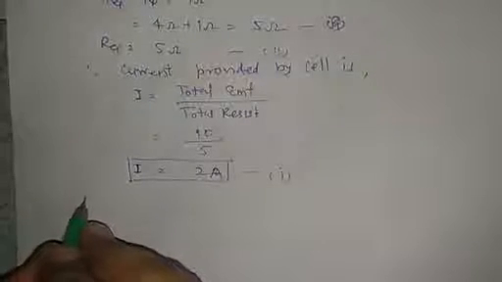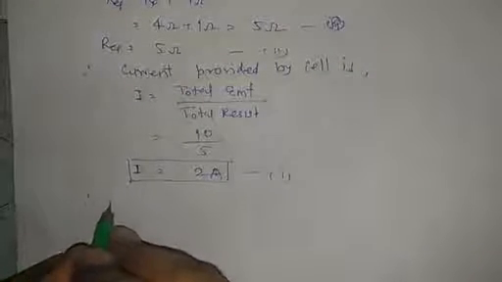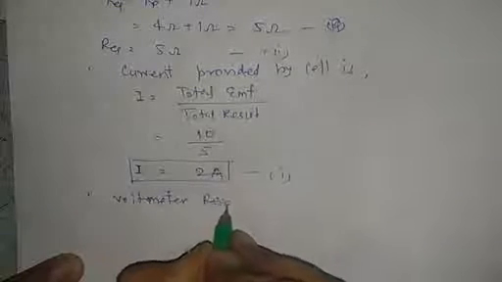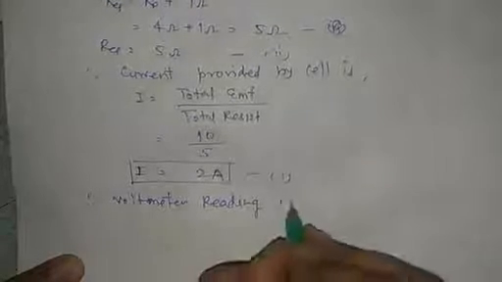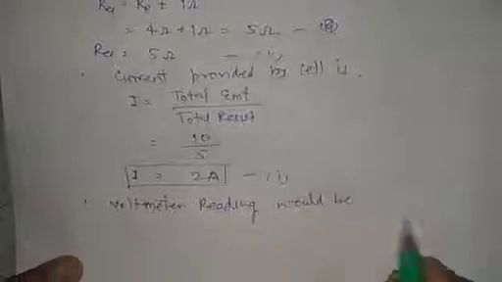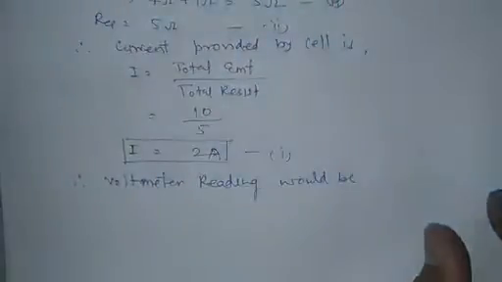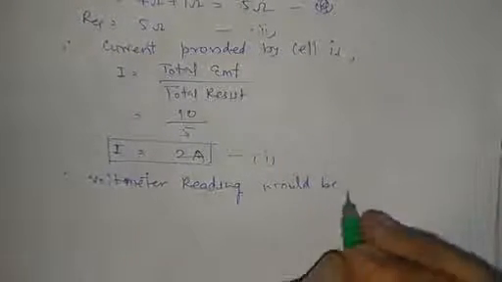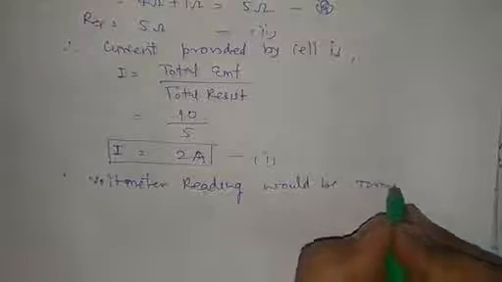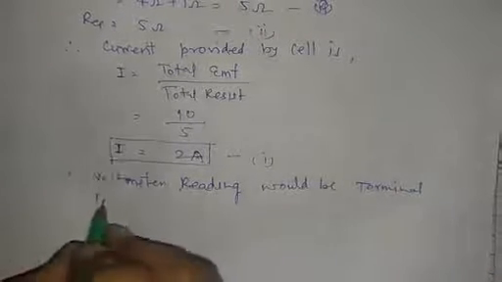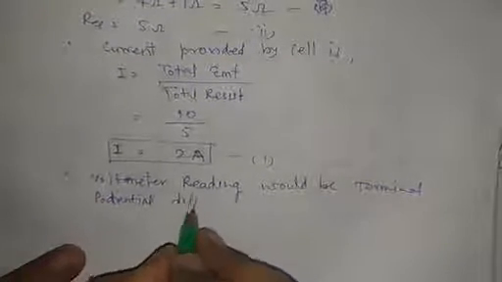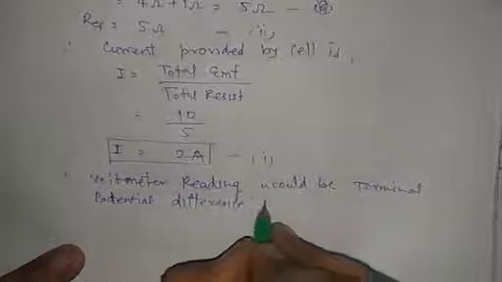Therefore, the voltmeter reading would be the terminal potential difference of the cell.